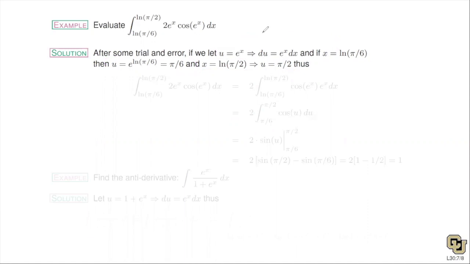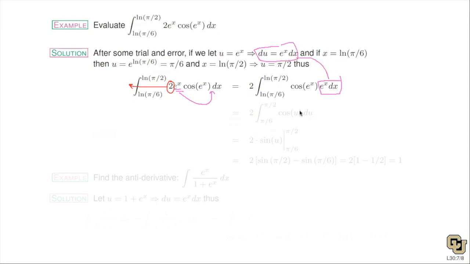So here now we're essentially ready to completely convert the integral from the x variable to the u variable. As a preliminary step, I've factored out the 2 because I really don't need it. And the e to the x that's right here, that's outside of the cosine, I put it next to the dx because this e to the x dx is now going to become my du.